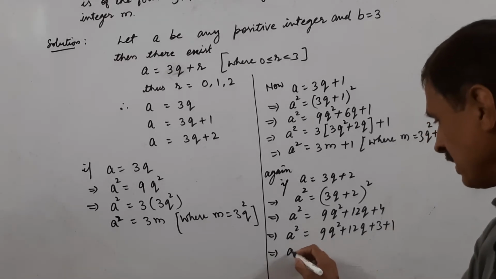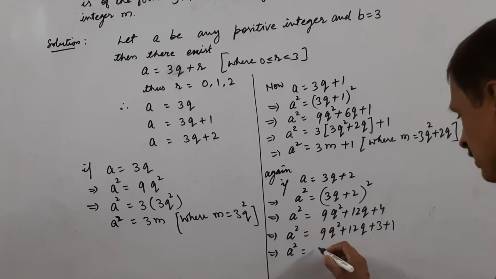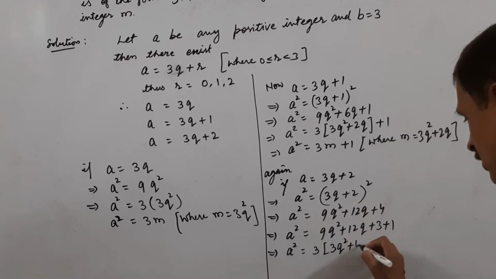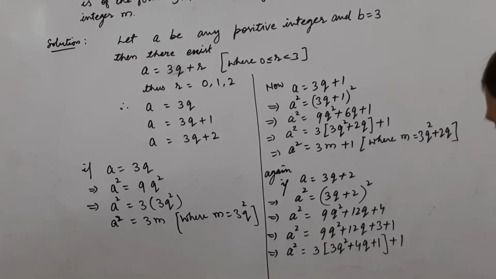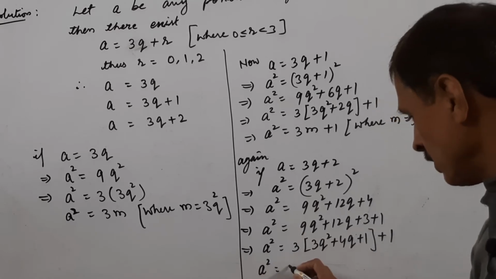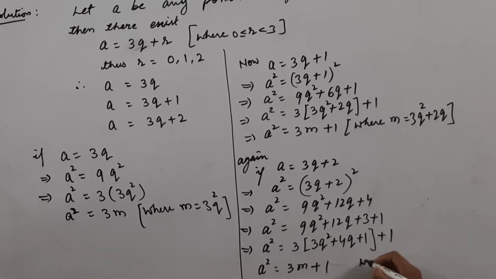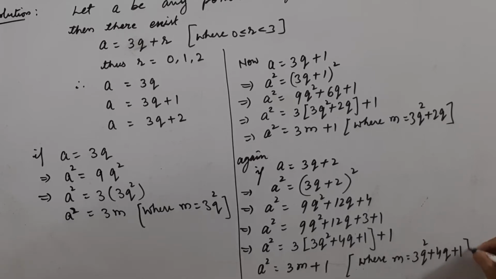It further implies a square is equal to, taking 3 as a common factor from the first 3 terms, 3 times of q square plus 4 times of q plus 1, and this 1 is copied as it is, or a square is equal to 3m plus 1, where m is equal to 3q square plus 4q plus 1.